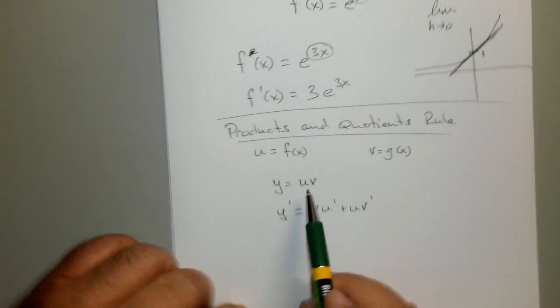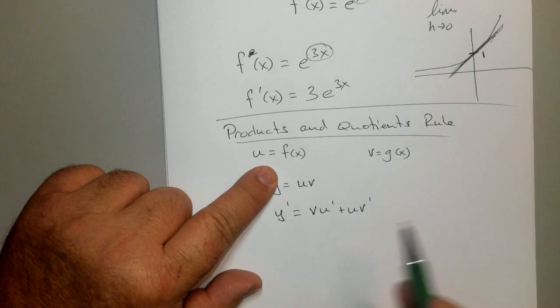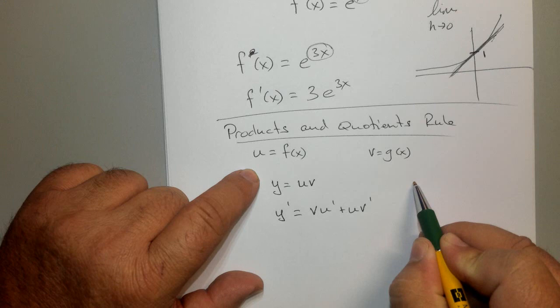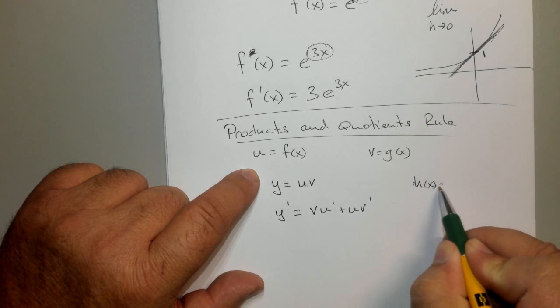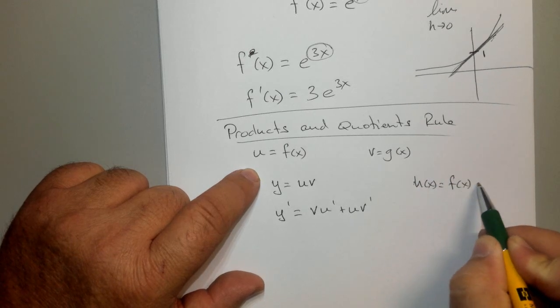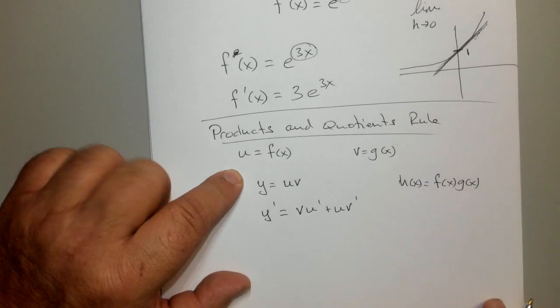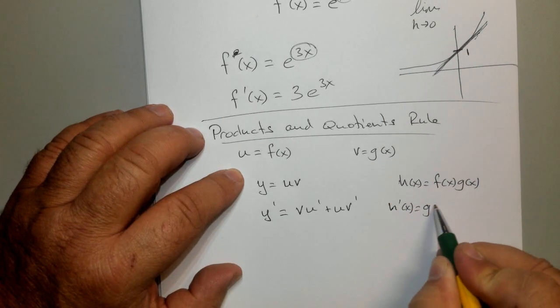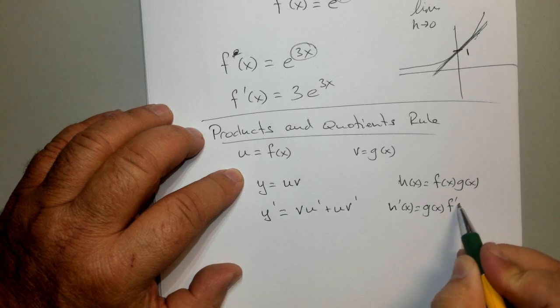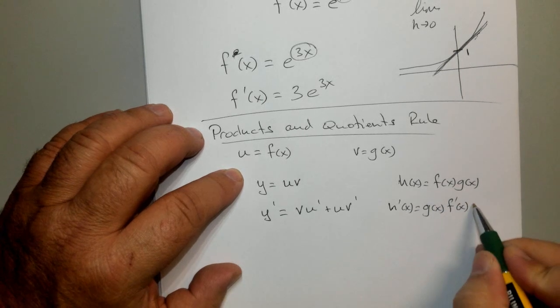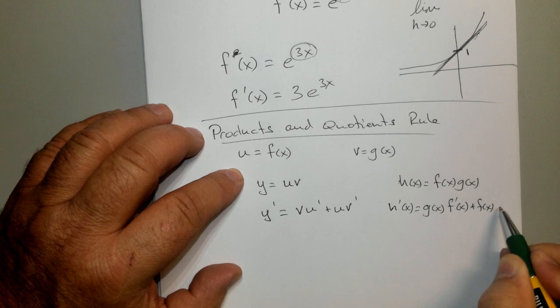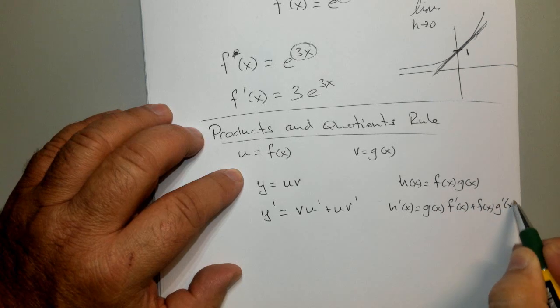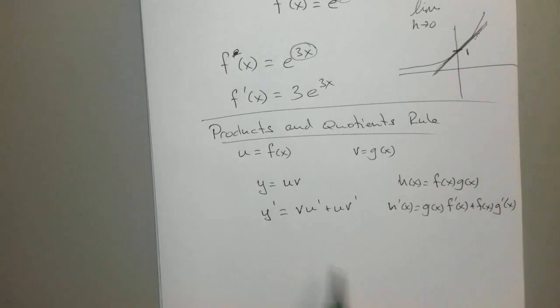Well, the first one, we have f of x and g of x. Say h of x is equal to f of x times g of x. The derivative would be g of x times the derivative of f of x plus f of x times the derivative of g of x. You see why I used u and v instead.